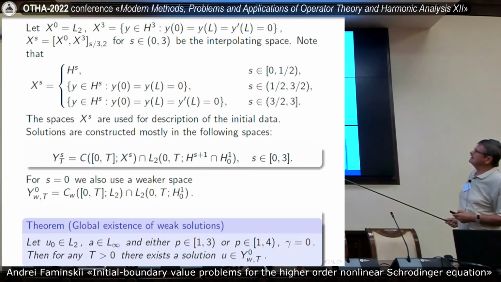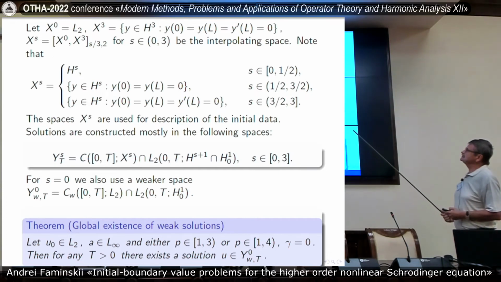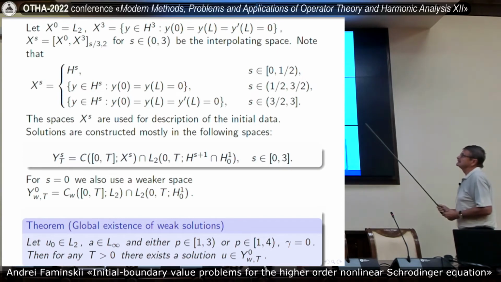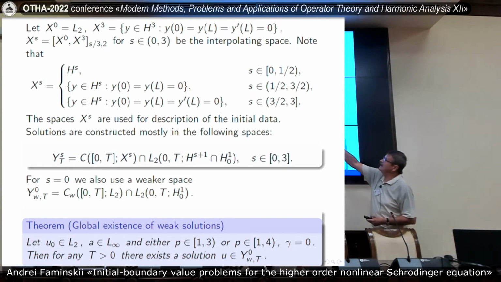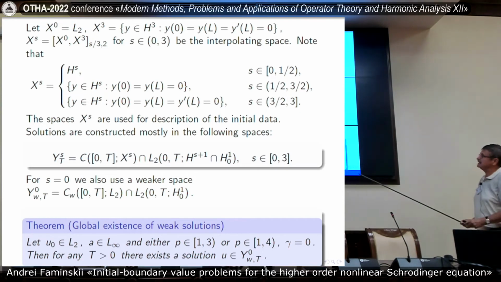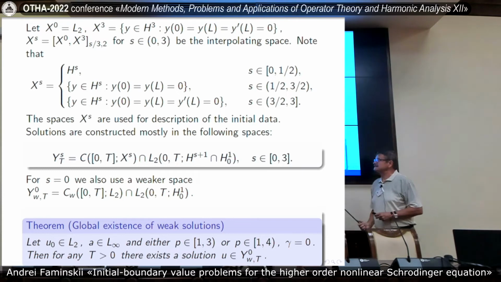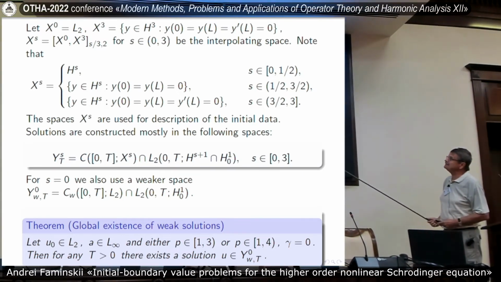Here is the result. In order to describe the results, let's introduce the following functional spaces for the initial function. X0 is simply L2, then X3 is the following space. It takes into account boundary conditions, and for intermediate values of s, it is obtained with the use of interpolation.